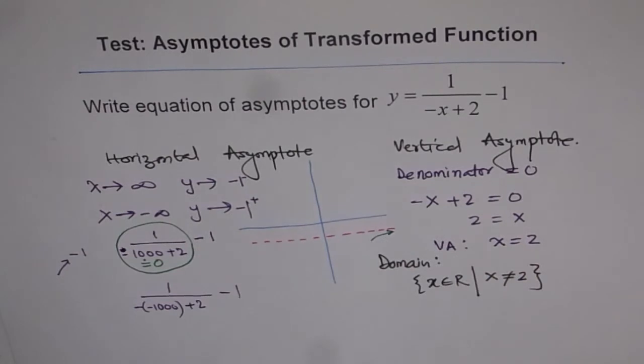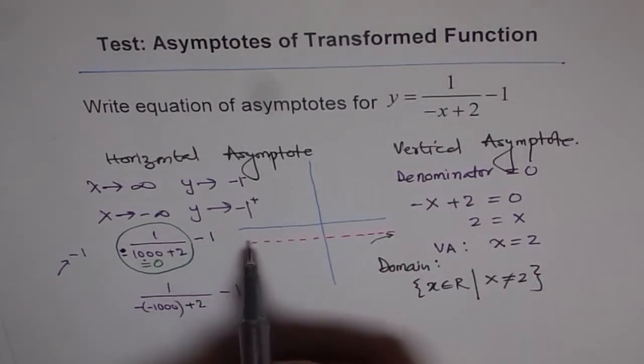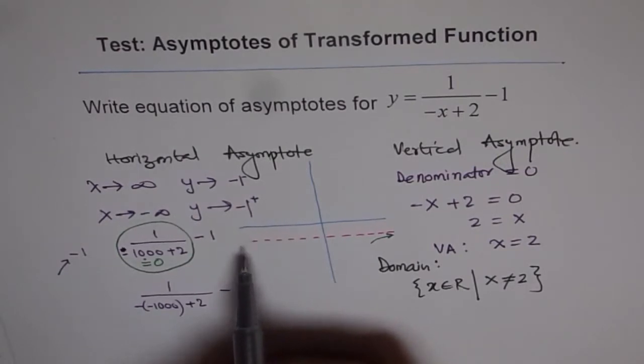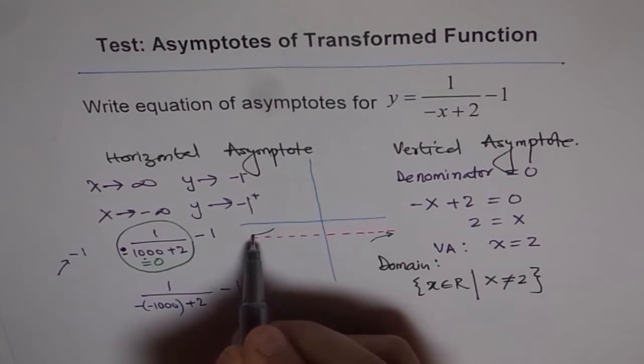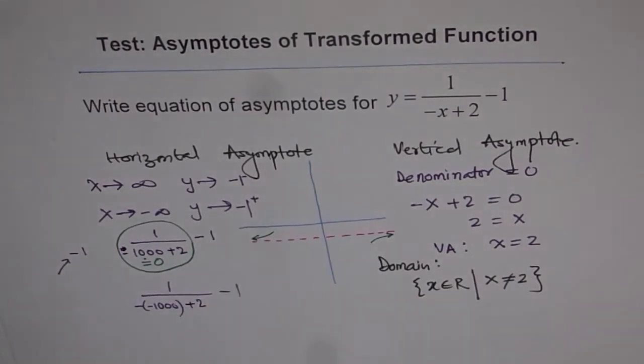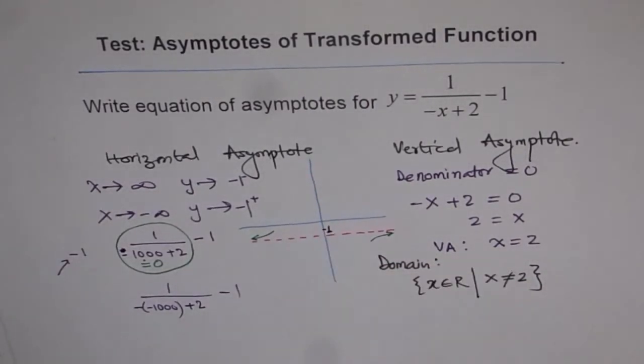But when I plug in minus 1000, a negative large quantity, this becomes positive, and I am approaching from this direction. But in either case, we are approaching one value, which is minus 1.